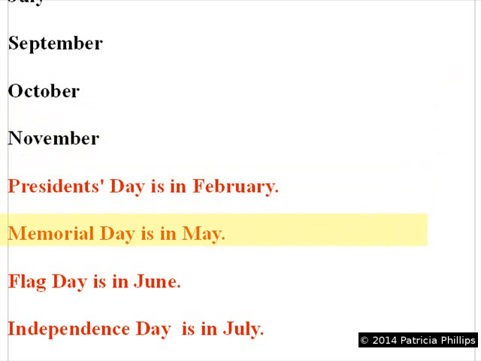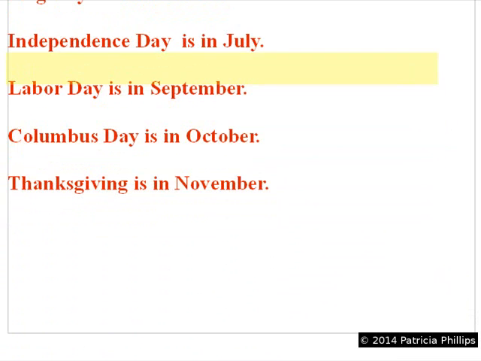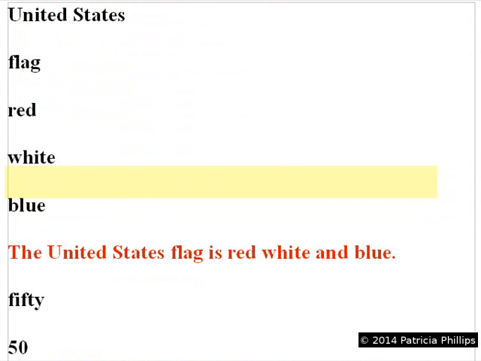Memorial Day is in May. Flag Day is in June. Independence Day is in July. Labor Day is in September. Columbus Day is in October. Thanksgiving is in November. Great job. Let's move on to a new set of words.